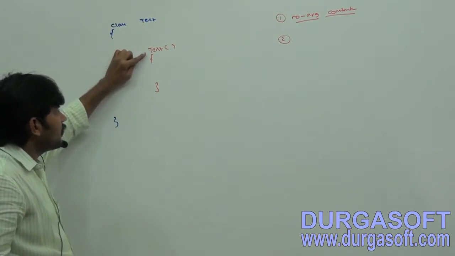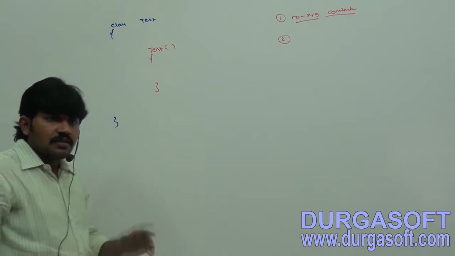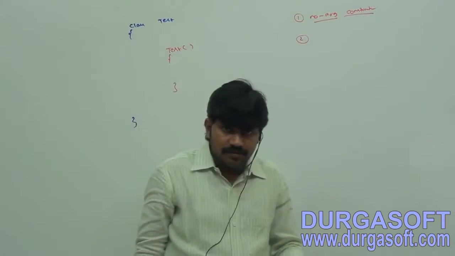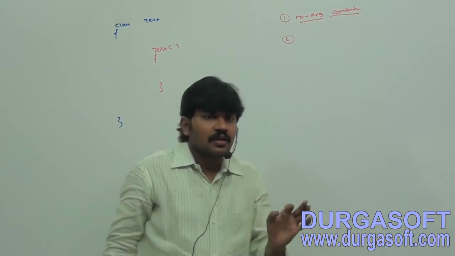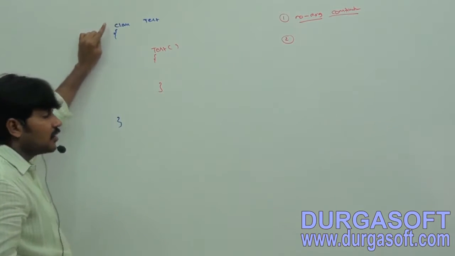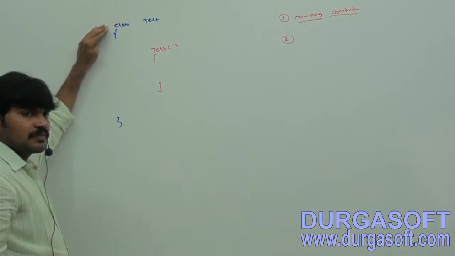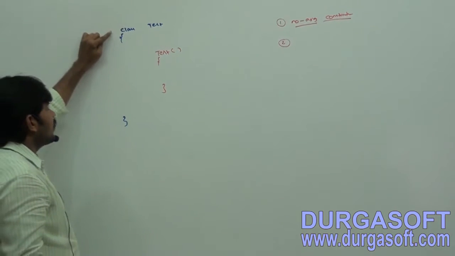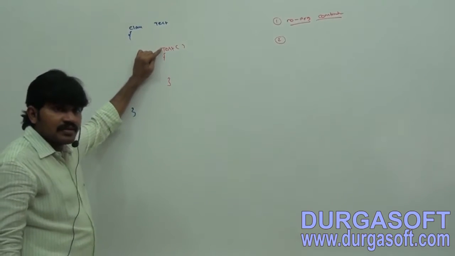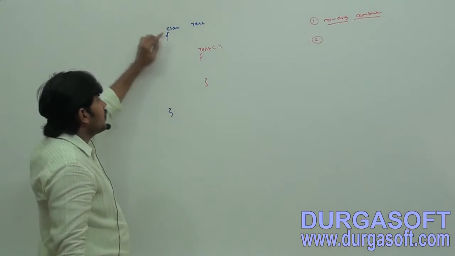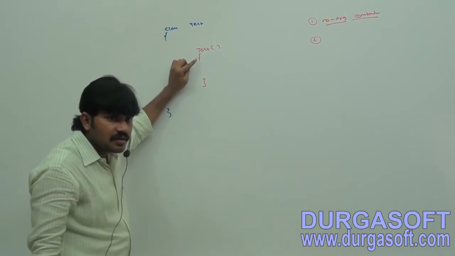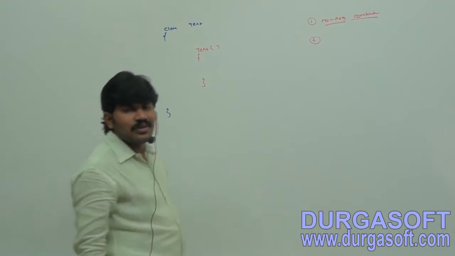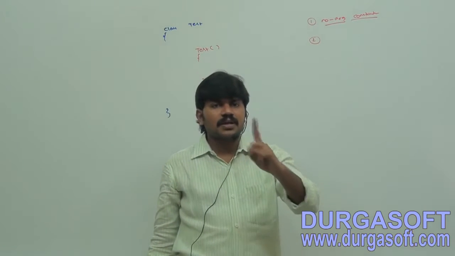The access modifier of the default constructor is always the same as the class modifier. If the class is public, the access modifier of the default constructor is also public. If the class is default, then it is default. This rule is applicable only for public and default.